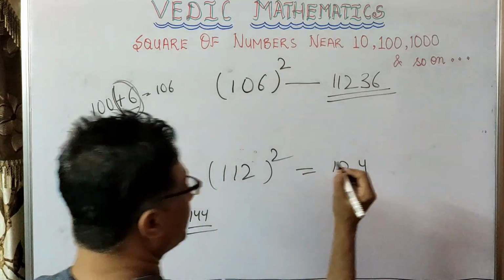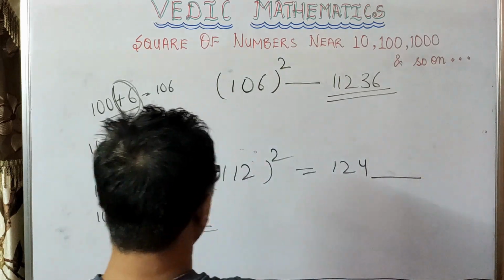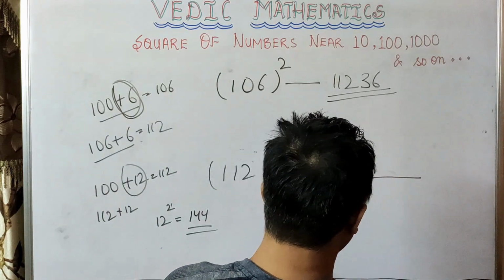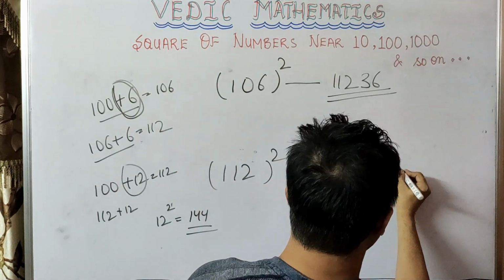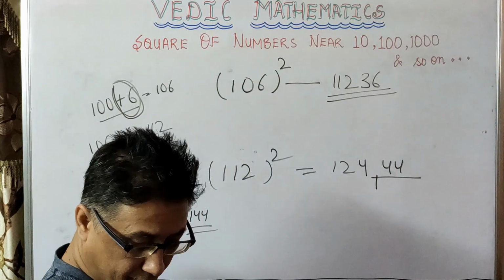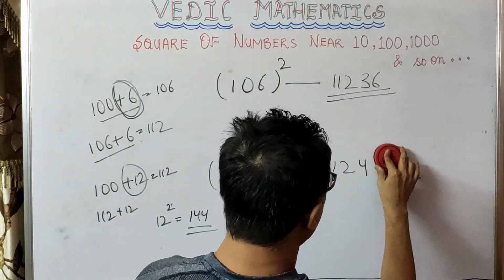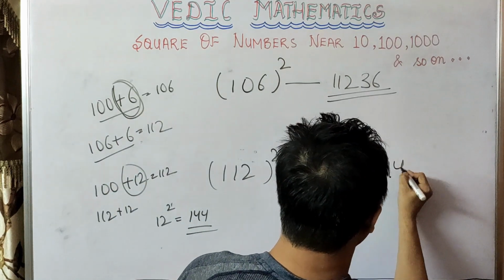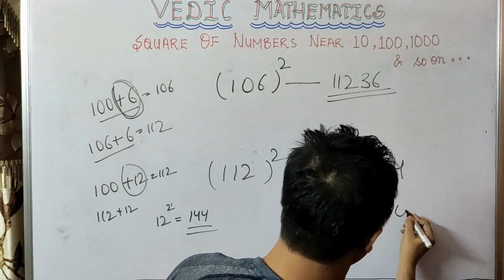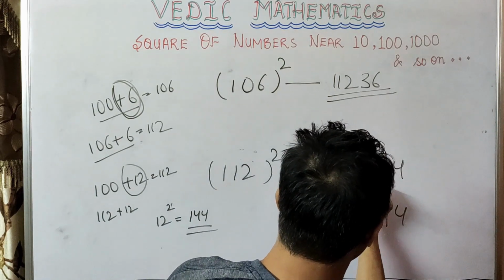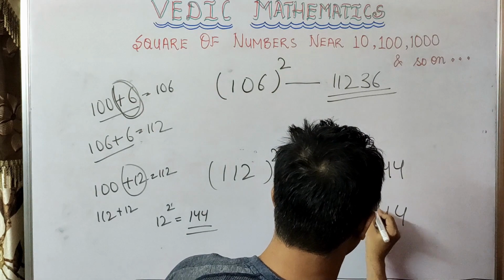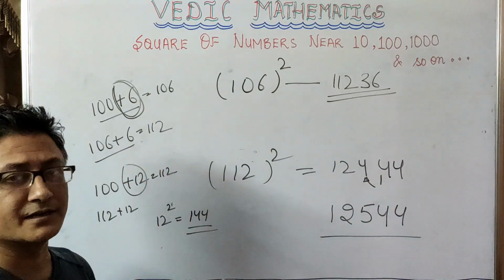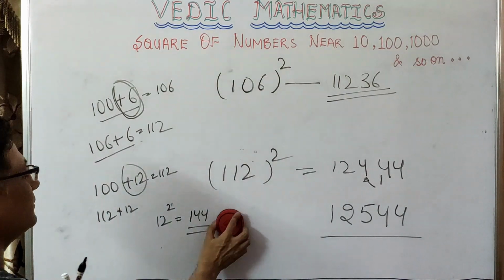But remember, you can have only 2 digits over here because this is the base of 100. So you write 44 and you write 1 here. Once again, I'll rub it so that you can see it clearly. You will write like this. So now 4, you add this 1 to 4. This is your answer. Isn't that simple?